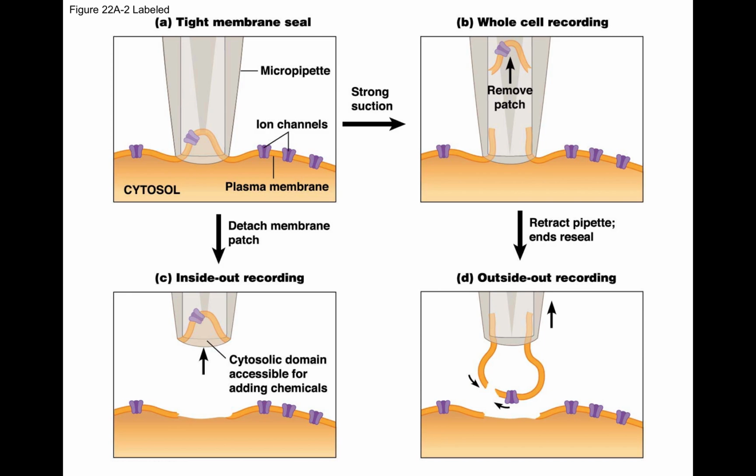So for example, let's say you got a patch and it contains more than you want. It contains maybe calcium and potassium channels. Then you put in poison to poison all the calcium channels so that you're only looking at potassium channels, something like that. But those are just ideas to give you an idea of how versatile this patch clamping technique is.